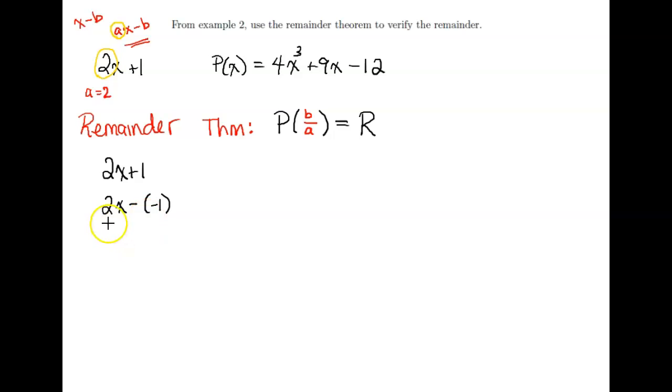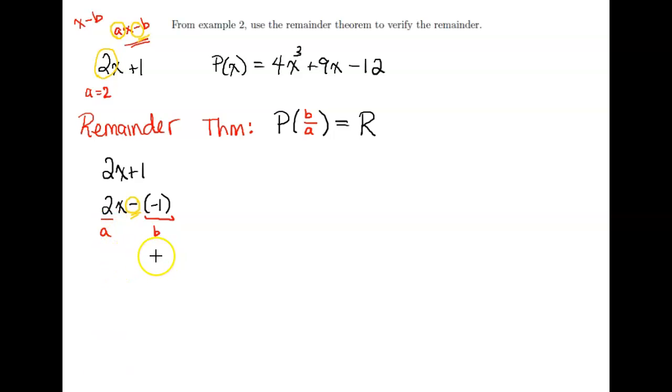So it's a lot easier to figure out what my a value and my b value are. My a is going to equal 2, and my b is actually going to be negative 1, because I need to have that negative in there.